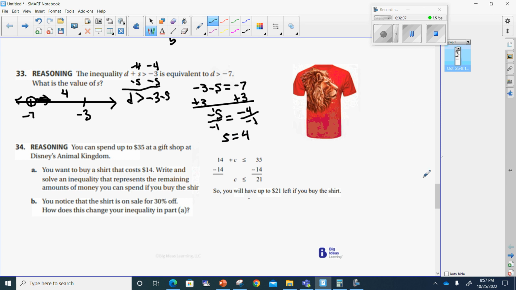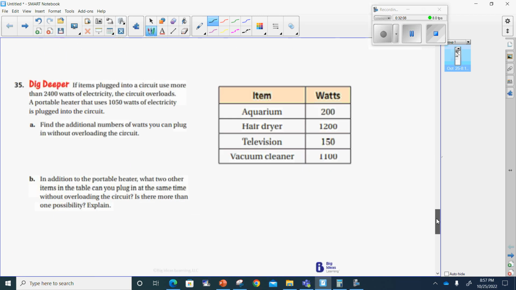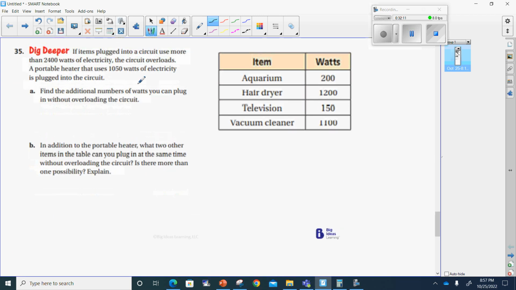All right, let's go ahead and go to number 35. It says if items plugged into a circuit use more than 2,400 watts of electricity, the circuit overloads. A portable heater that uses 1,050 watts of electricity is plugged into the circuit.